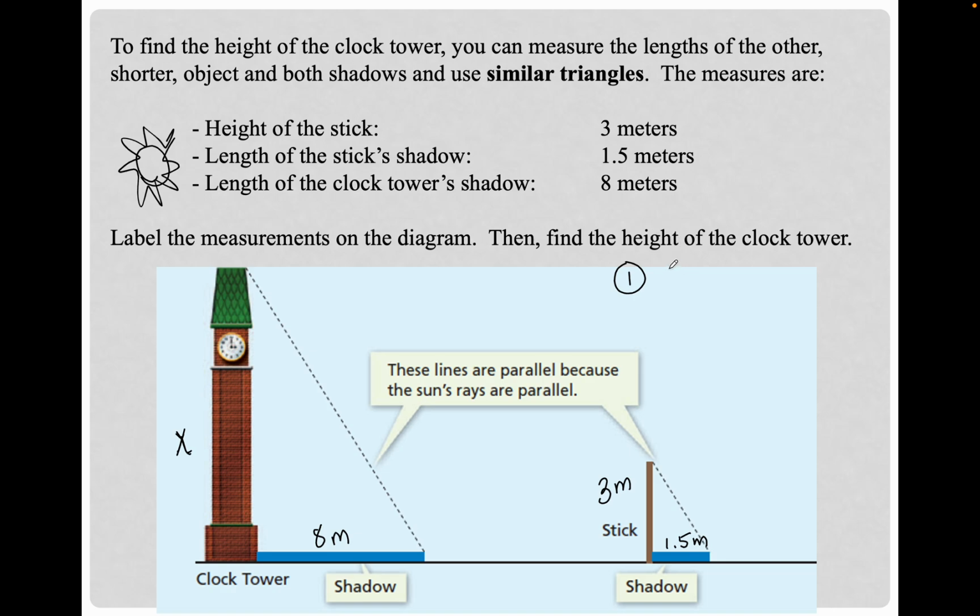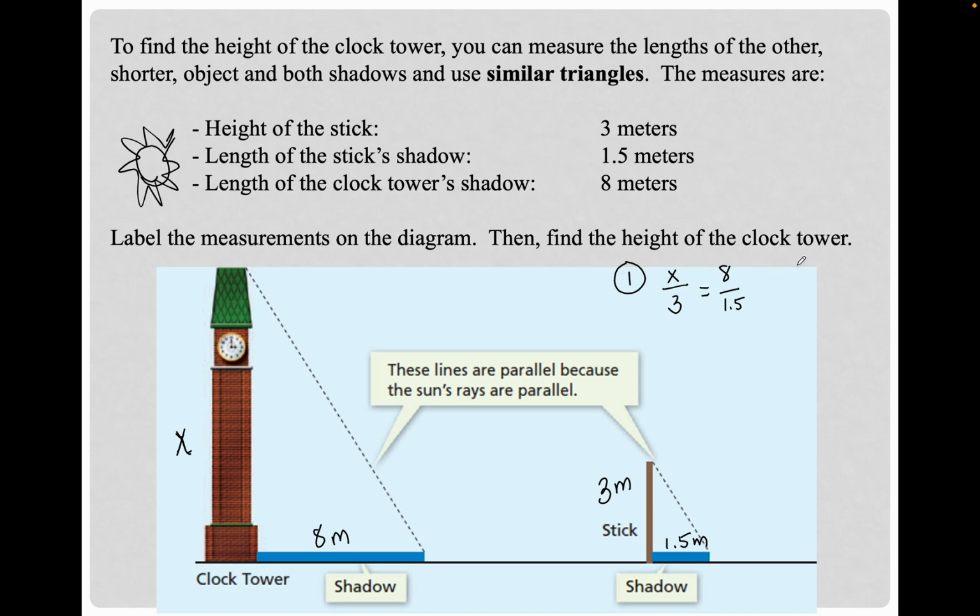And you might look at this as x being the height of the clock tower to 3 being the height of the stick, and then 8 being the length of the clock tower shadow, and 1.5 being the length of the stick shadow.